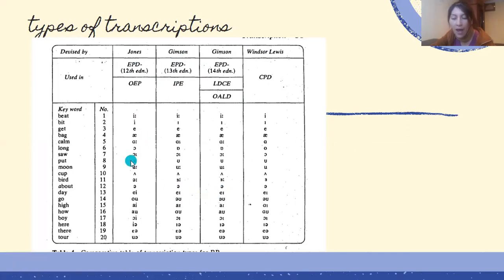They differ in their conceptualizations. For example, here we can see the word calm. In number 5, Jones uses the long vowel, and Jameson uses the long vowel too, but here he doesn't use the diacritics. That is the difference. Each one shows us a different type of transcription according to their concepts.